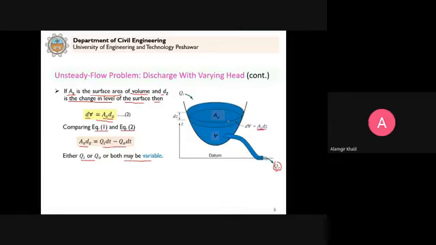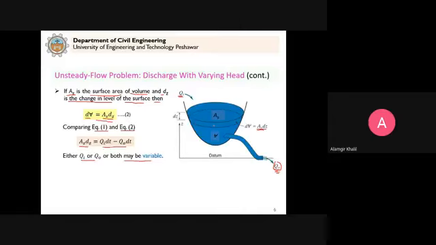Just like you might have studied in the geotechnical engineering lab, where we keep the water level constant to calculate hydraulic conductivity. If I want to keep the head constant, you have to supply a constant water supply, so the head is maintained and the outflow is also constant, because the head is the same.